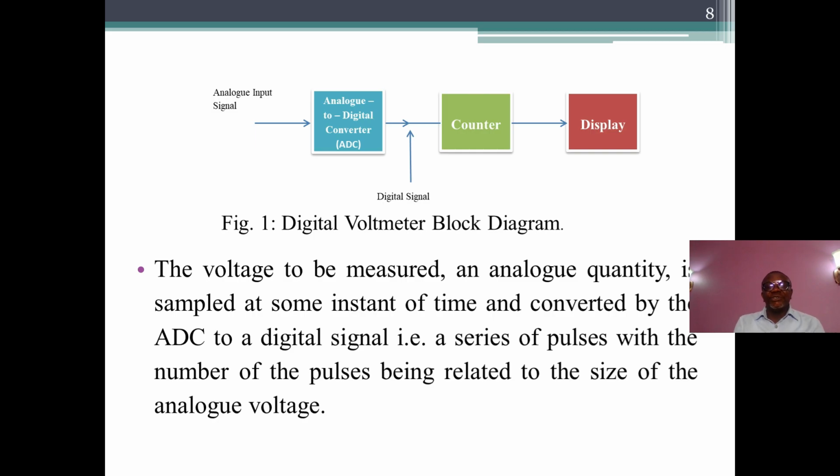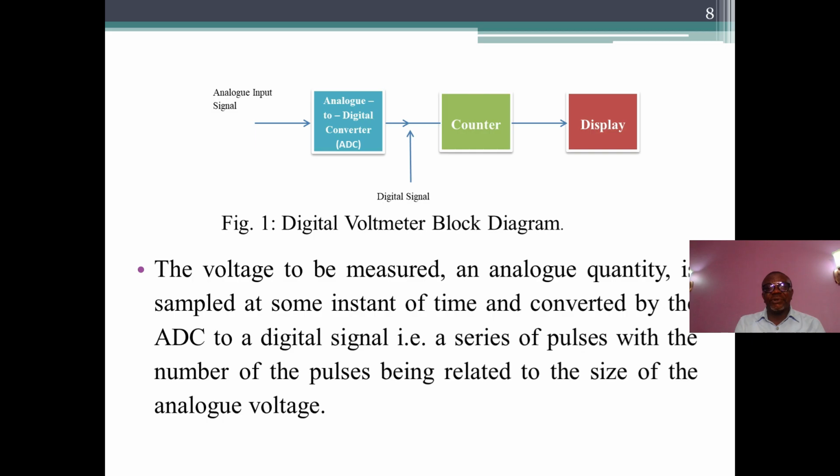So the voltage to be measured, which is an analog quantity, is sampled at some instant of time and converted by the analog to digital converter to a digital signal, that is, a series of pulses with the number of the pulses being related to the size of the analog voltage. You can look up how sampling is done at some instant in time in my previous lectures where I treated sampling.